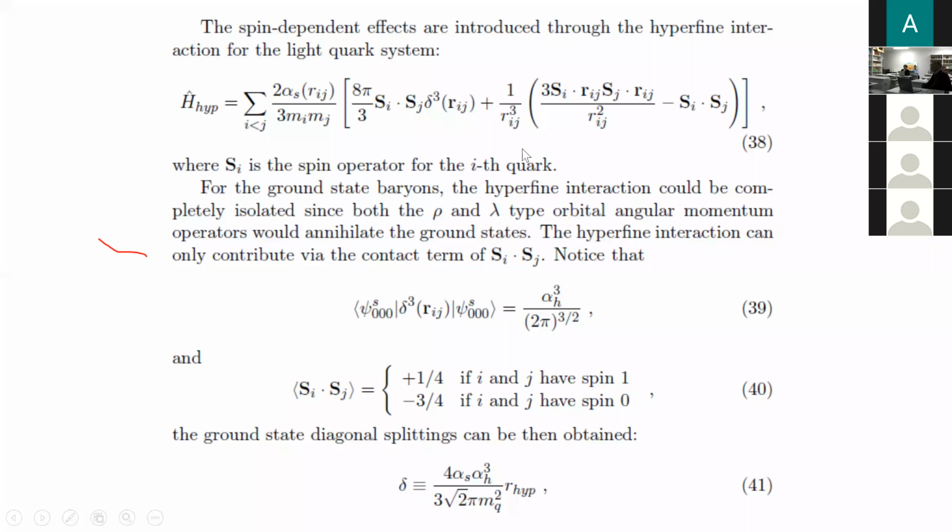Well, I think this is just from the operator. You have the orbital part, the orbital and spin coupling. From the Hamiltonian, you already have the 1 over r squared when you write down the orbital angular momentum in the spherical frame.